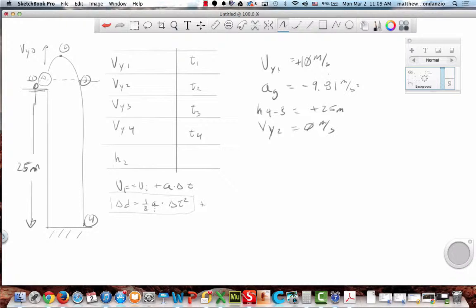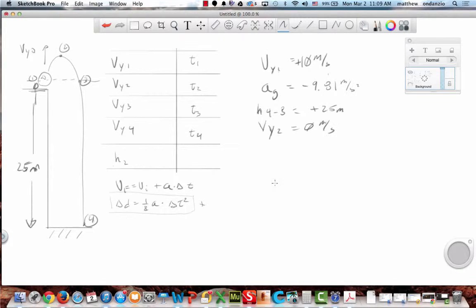It assumes we have a constant acceleration, but there's an assumption here. Let's think about this. If I were to drop a ball versus throw the ball down, what's the difference? It's assuming there's no initial velocity. Exactly. Assuming there's no initial velocity.